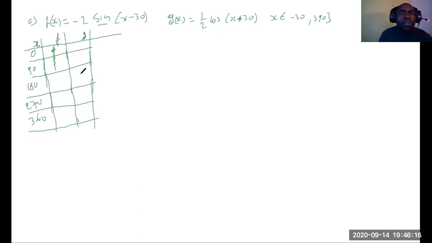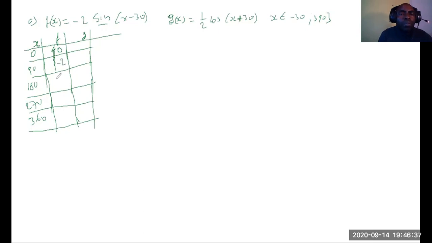So then, what is sine 0? It will be 0. What is sine 90? It is 1 times negative 2, so negative 2.